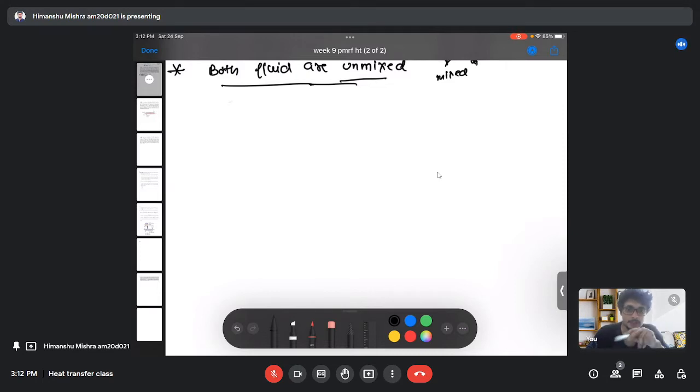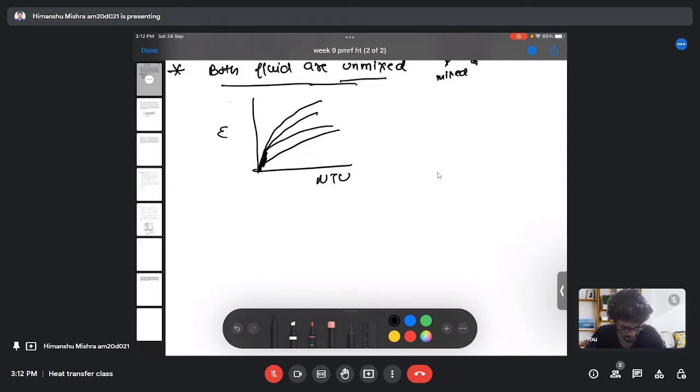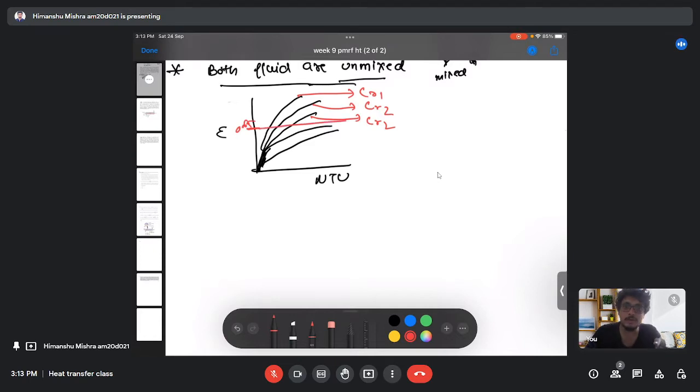So for different values of heat capacity ratio, let's say my effectiveness versus NTU graph probably looks like this. And each line corresponds to a different heat capacity ratio. And since we already have the effectiveness given, which is 0.65, for a specific value of heat capacity ratio we can find NTU.